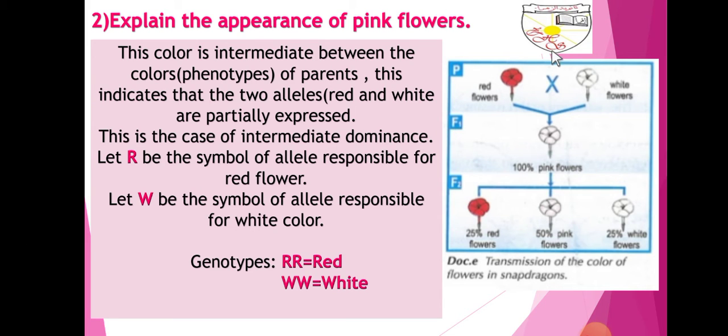In this case, both alleles are expressed, so the allele responsible for red is written in capital, and the allele responsible for white is also written in capital, because both are expressed, both are strong. So let R be the symbol of the allele responsible for red flower, and let W be the symbol of the allele responsible for white flower. Now the genotype of red is RR and the genotype of white is WW.